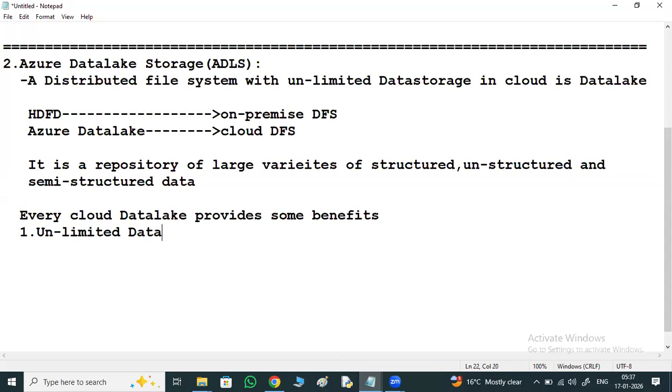Unlimited data storage. Supports all varieties of data.